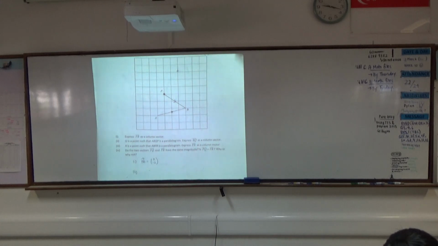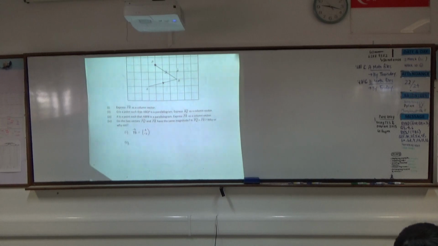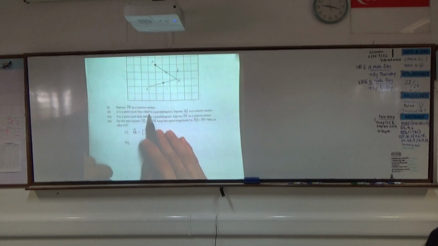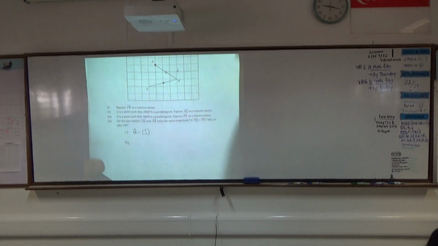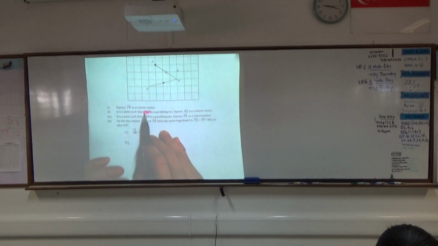Okay. Next, we look at part 2, whereby it says Q is a point such that ABQP is a parallelogram. Something that we need to be aware of, just a reminder, is that when we are given a name for a quadrilateral like this, it will always be either in the clockwise sequence or anti-clockwise sequence.